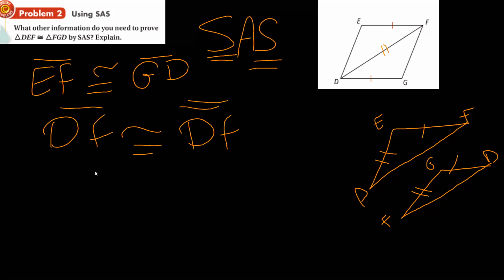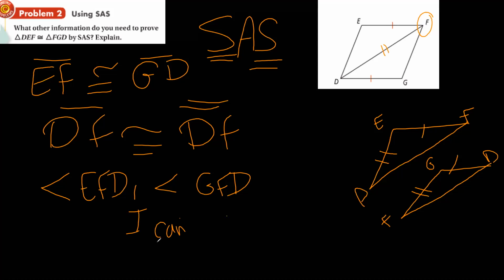So I proved two sides now. What about the angle? Do they have any information about the angle here? No. Because there's no information about angle EFD and angle GFD, I cannot say that triangle DEF is congruent to triangle FGD.